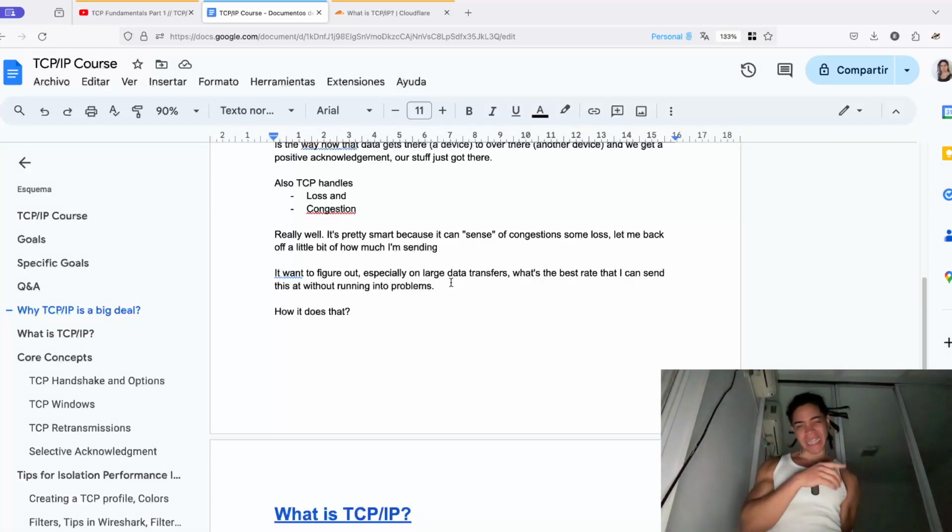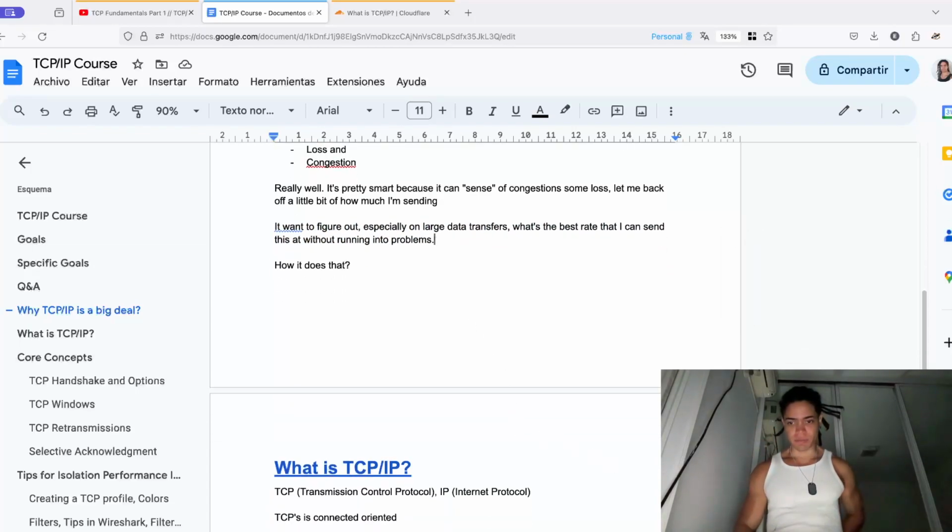What is the best rate that I can send this data at without running into problems? I think that definition is something that can summarize this, and something that I really love about it. And there you got it.